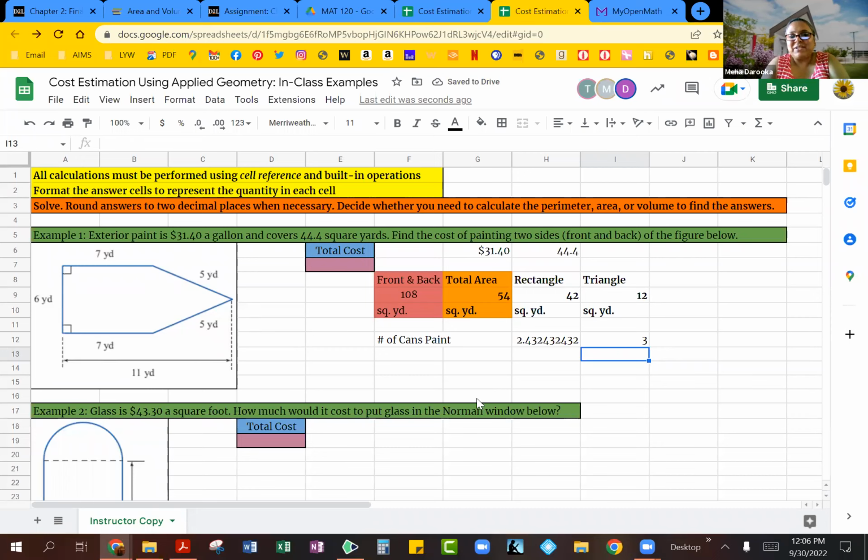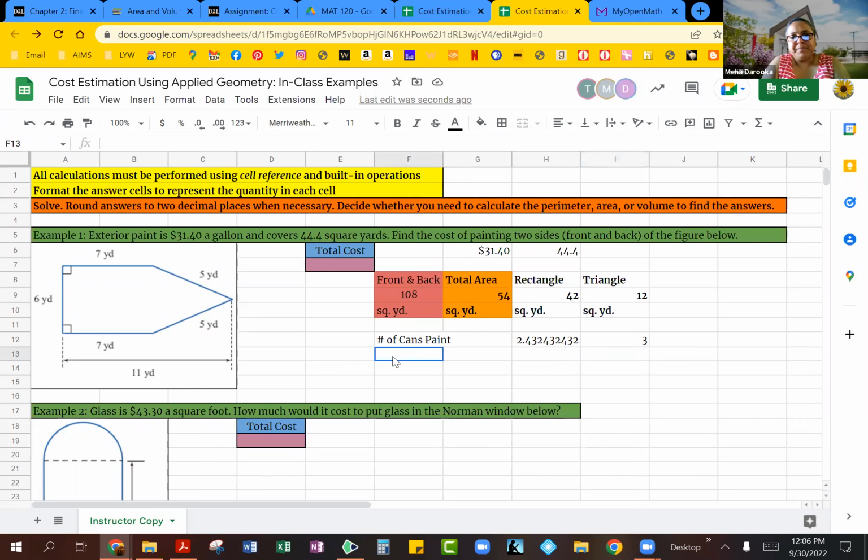And if you are buying 3 cans of paint, then how much will that dollar amount come out to be? Now, if you think you can get exactly 2.5 gallons or 2.432 gallons from your paint store, then you can calculate the cost based on that. If you think we're going to have to go up, then you're going to have to calculate the cost based on that.